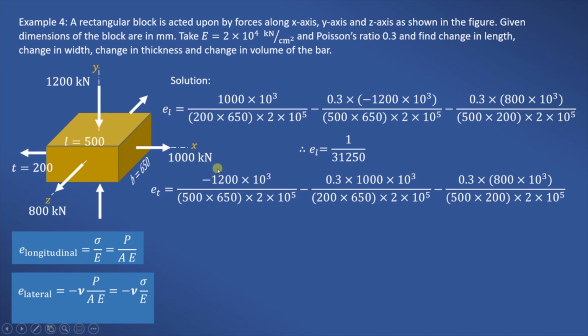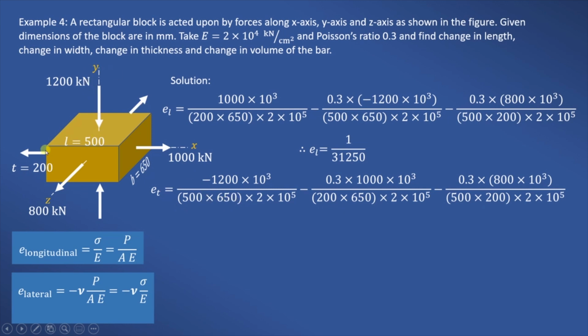But corresponding values you substitute carefully. Now try to understand. Because of the 1200 kilonewton load, negative sign because it is a compressive load. So it is a reduction in thickness because of the 1200 kilonewton load. So it's a negative sign.